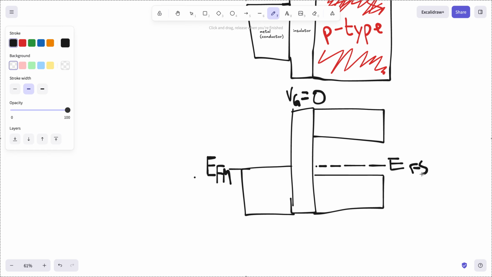Then we can label the valence band, the conduction band, the intrinsic energy level, and because this is a p-type, it'll have more holes than electrons, so we'll draw it like that.